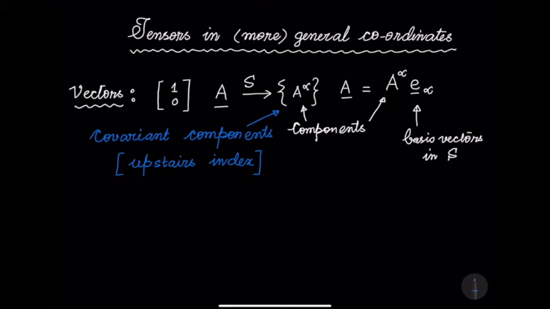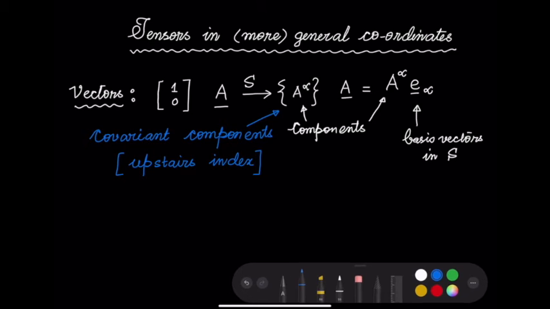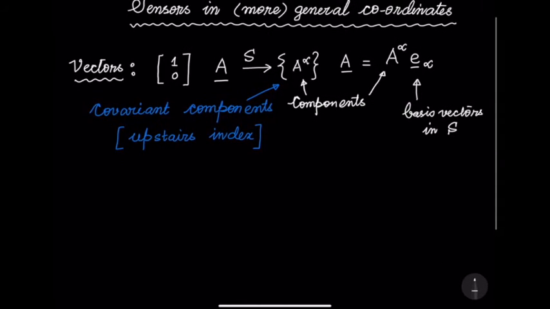Now, before we go any further, here are two important points about the unit vectors or the basis vectors. The basis vectors, as we have labeled, the alpha-th basis vector. This alpha is, remember, not an index.